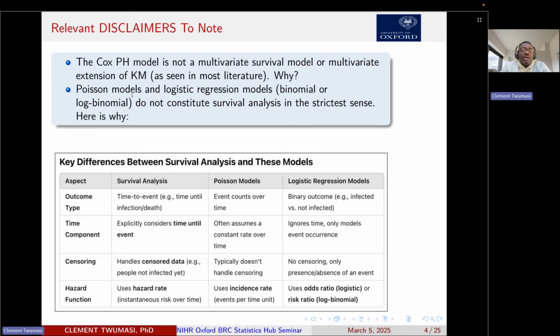There are also instances where people make use of some form of survival outcomes which are not time to event outcomes, and because of that, they still assume that it's a survival analysis. In the stricter sense, that's not the case.